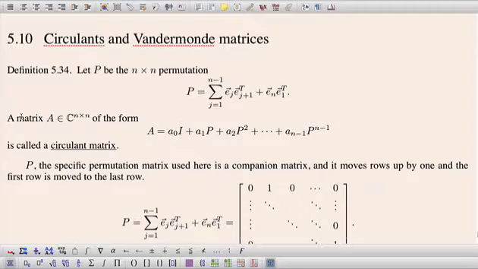And then in that case, the A matrix, which is an n by n matrix defined in this form, a0 I plus a1 P plus a2 P squared and so on, plus a_{n-1} P to the n minus 1, is called the circulant matrix. So the P permutation matrix that we use is not just arbitrary, it's very special because of this j plus 1 form and n1.